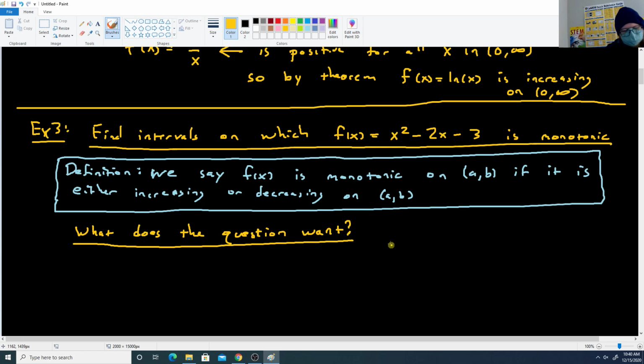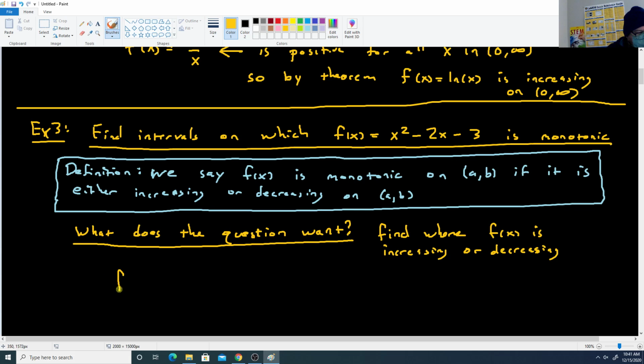It wants us to find where f of x is increasing or decreasing. The function is monotonic if it's increasing or decreasing on a region. So we basically want to figure out all the regions where f of x is increasing and all the regions where f of x is decreasing. We note whether f of x is increasing or decreasing on each region, and those will be the regions where the function is monotonic. So let's go through and do that.